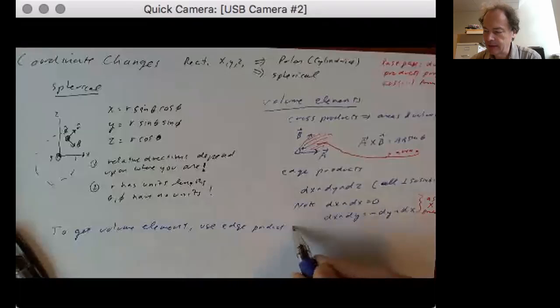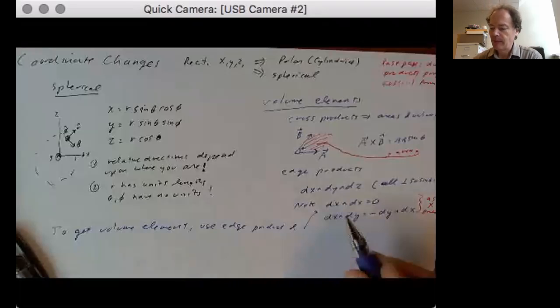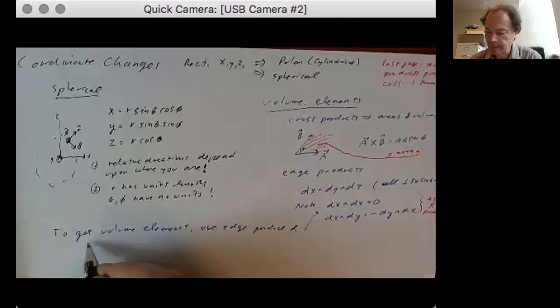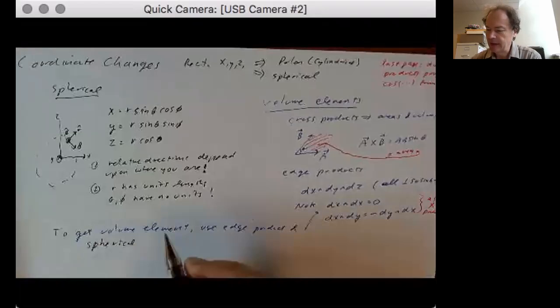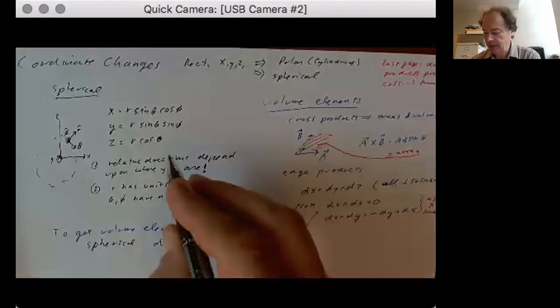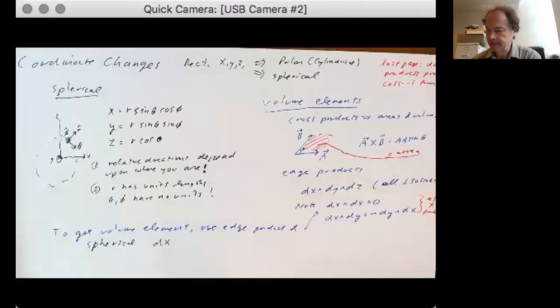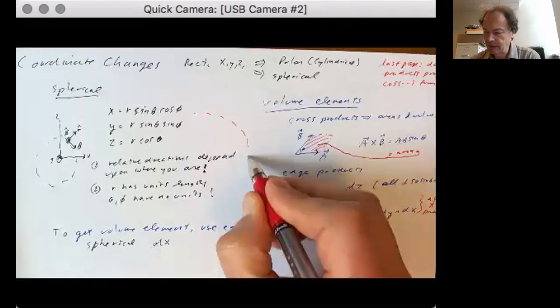And of course, this rule. And so for spherical, I can write down dx, which I'm going to need straight from the formula up there. I take a differential of that.